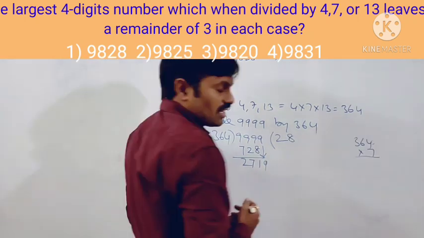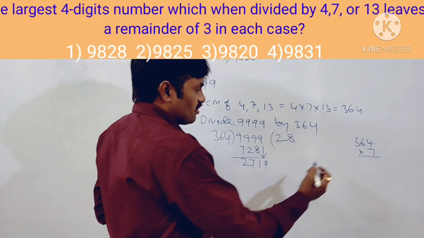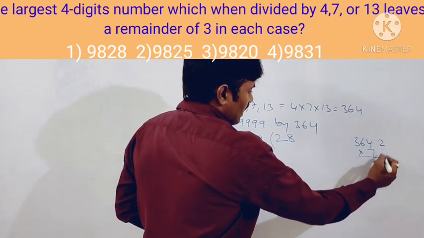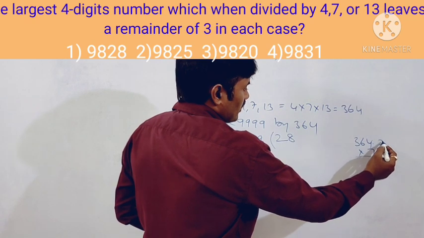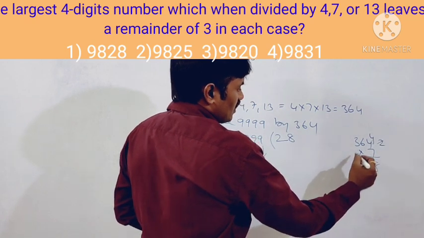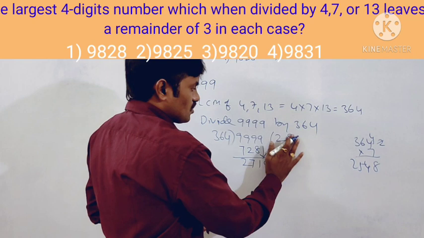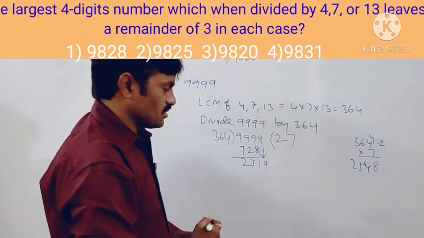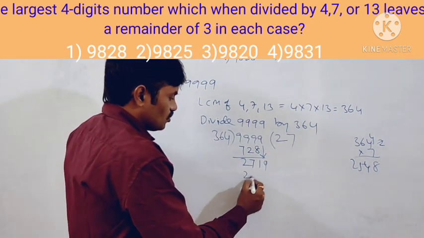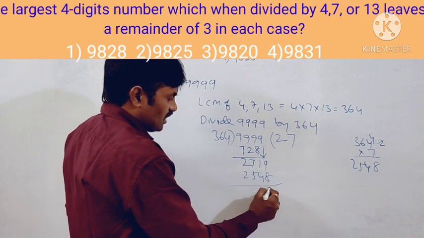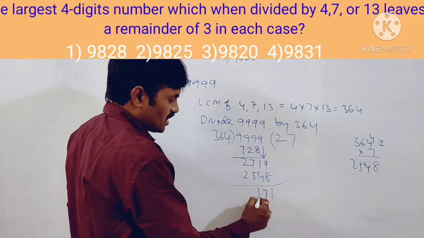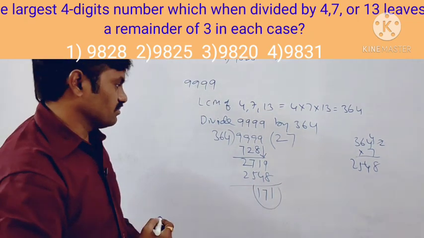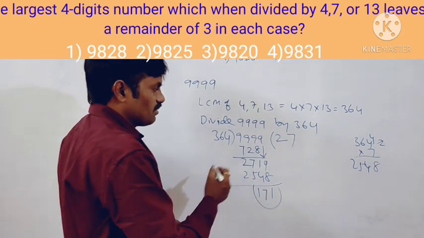Let us check whether 7 times it is possible. 7 fours are 28, 7 sixes are 42, 42 plus 2 is 44, 7 threes are 21, 25. So 7 times it is possible: 2548. The difference is 11 minus 4 is 7, 6 minus 5 is 1. So 171.